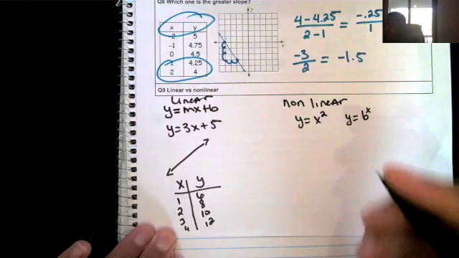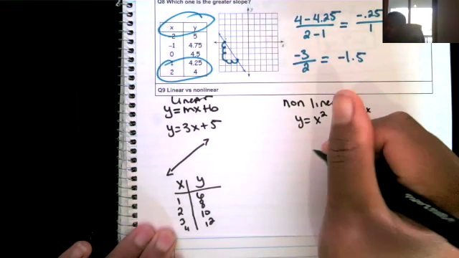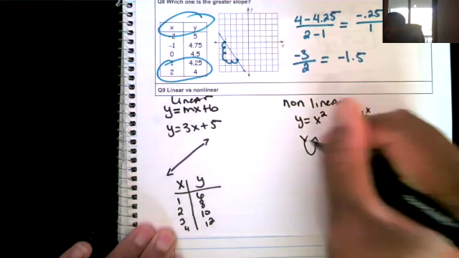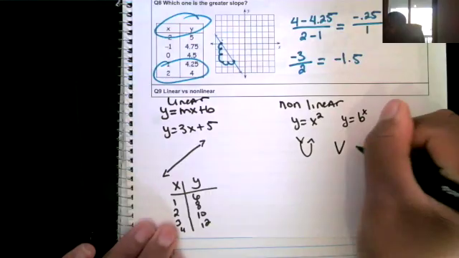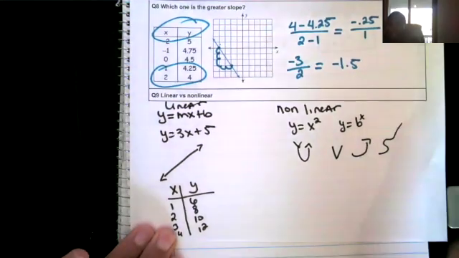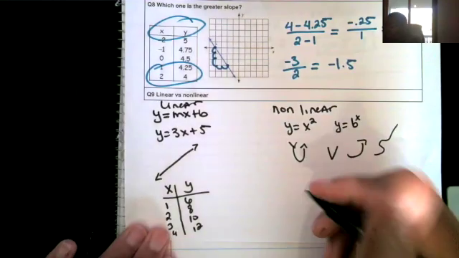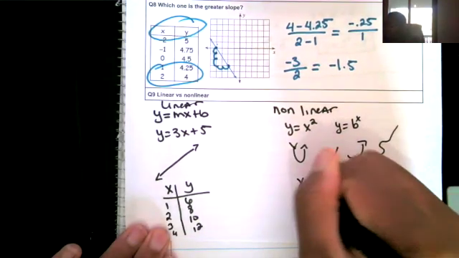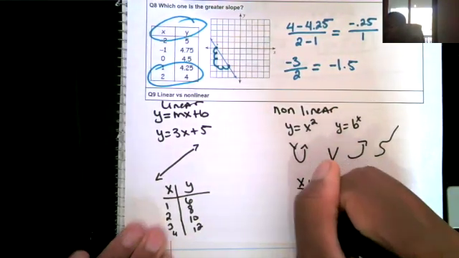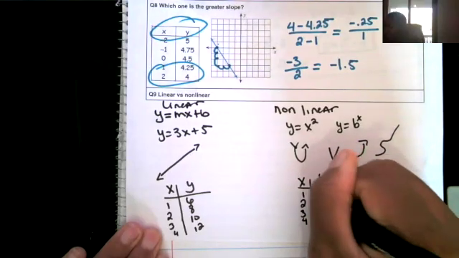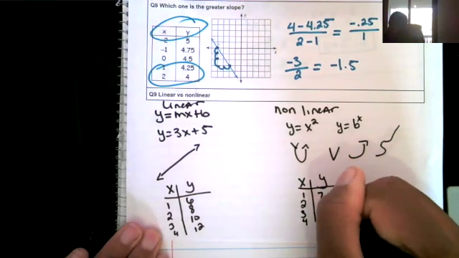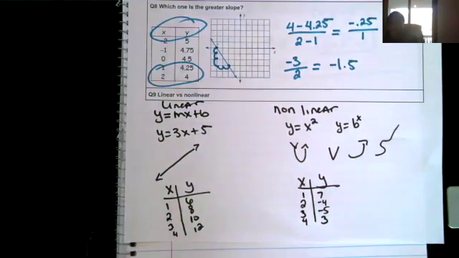Anything that is not, the graph will be a parabola, a V shape, a J shape, a squiggly line, doesn't really matter. It won't be straight, and the table will not grow or decay at a consistent rate. So these will not be consistent. So that's what you're looking for in that particular question. All right, good luck on your relearning.